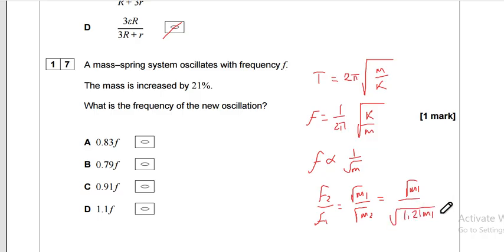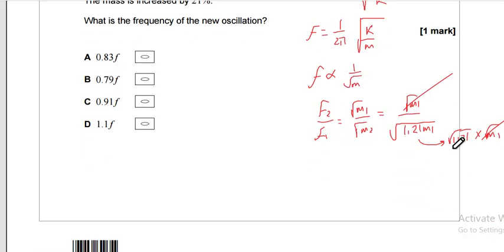Okay, root m1 can be eliminated with root m1, so we have this ratio equal to 1 over root 1.21, and so f2 equals f1 over 1.1.